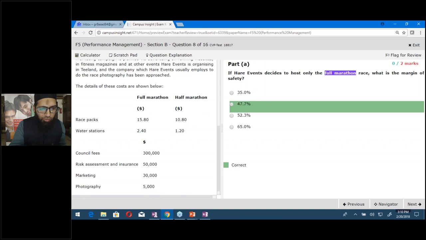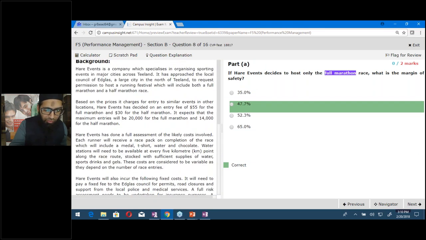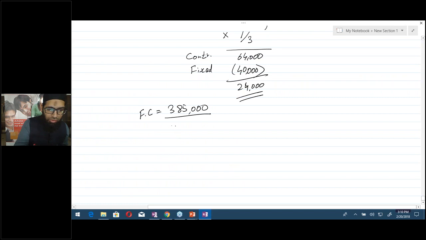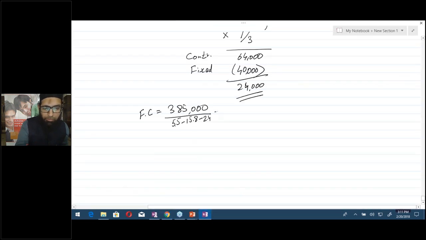Now the price for the full marathon was $55, I guess. Yes, it was $55. And the variable costs are 15.8 and 2.4. So selling price is 55 minus 15.8 minus 2.4. So this will be the contribution per unit.